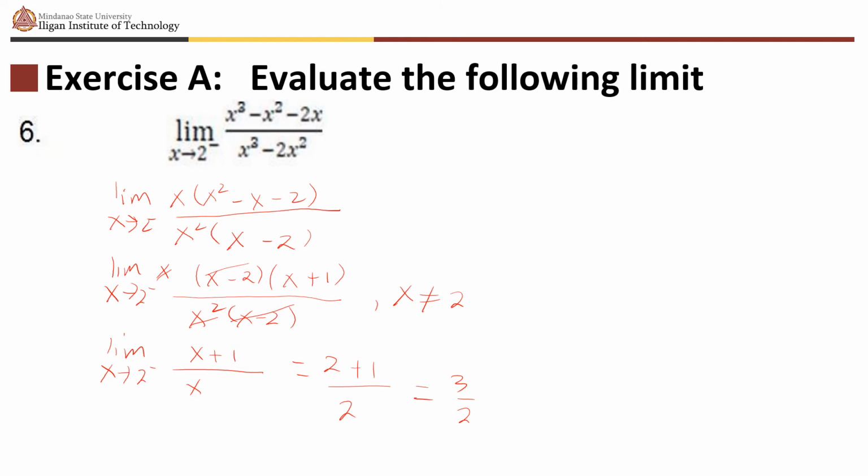So to say, the limit now of the function x cubed minus x squared minus 2x all over x cubed minus 2x squared as x approaches 2 from the left is equal to 3 over 2.